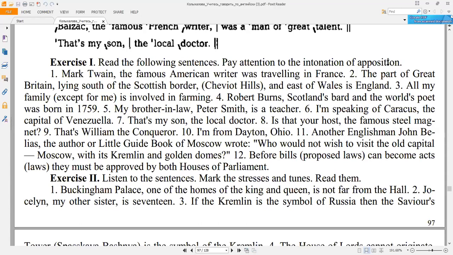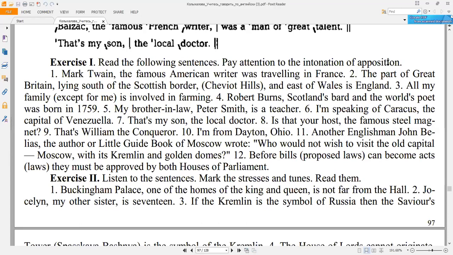I'm speaking of Caracas, the capital of Venezuela. I'm speaking of Caracas, the capital of Venezuela. Right you are in the intonation of it. And the next example, please.